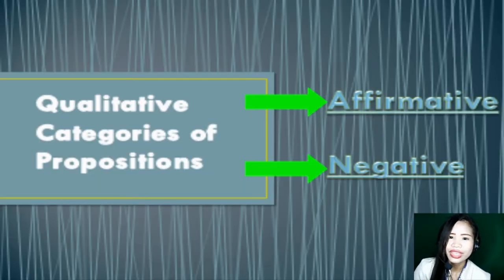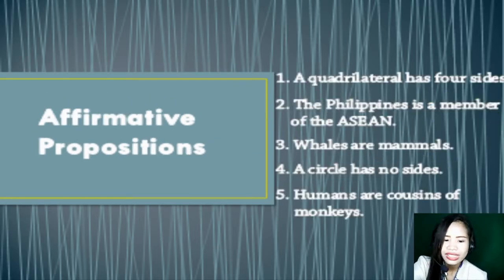So we have here some qualitative categories of propositions. The first one is affirmative and the second one is negative. Let's first discuss the affirmative qualitative category of propositions. When we say affirmative propositions, these are the examples given. The first one, a quadrilateral has four sides.